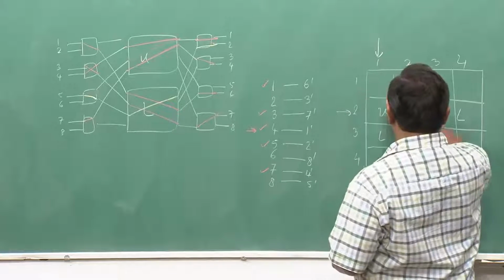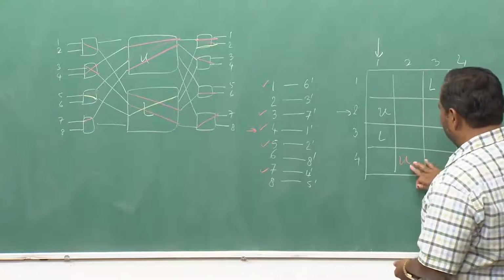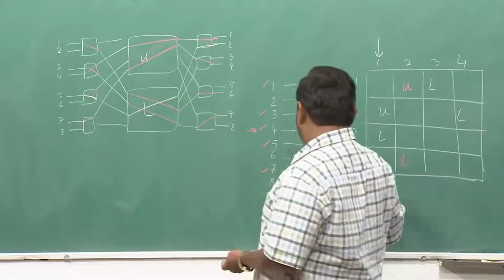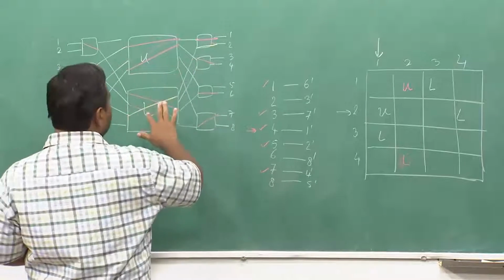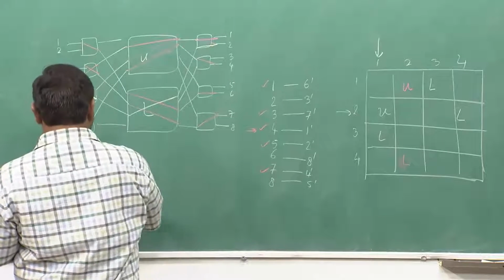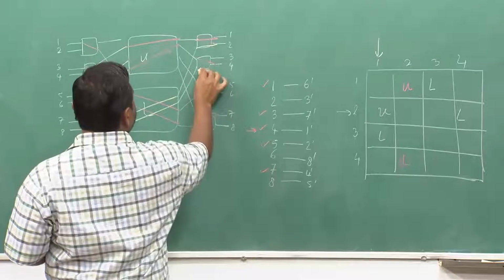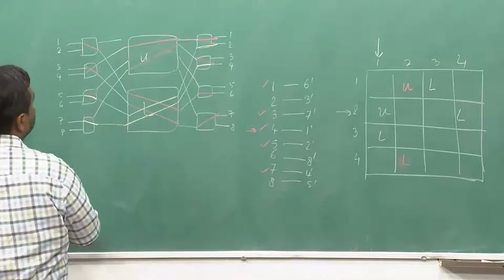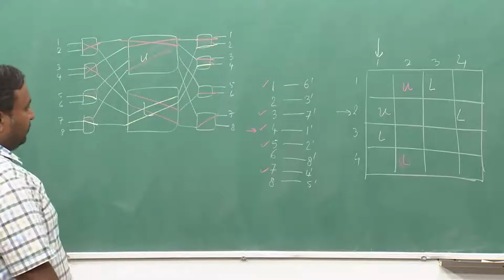So 2 to 3 is this column. So this is U, this is L, again nothing can be done, I have to replace something. So I can either make it L and put a U here, so 7 to 4 has to go via the lower one. And then I can set up 2 to 3. Okay.